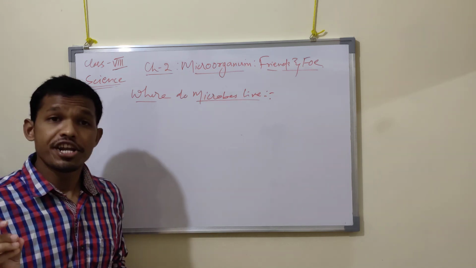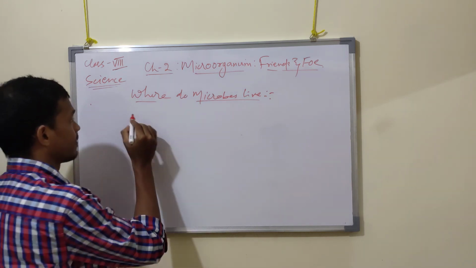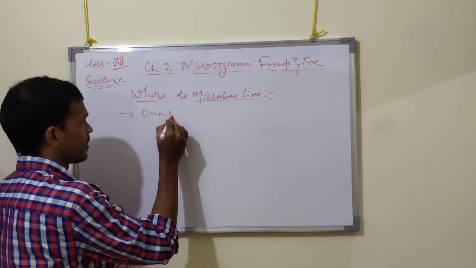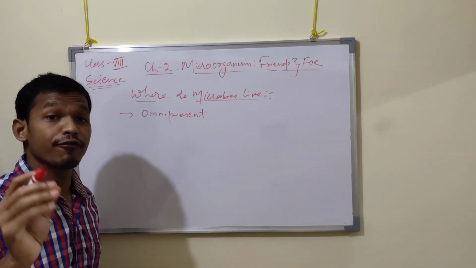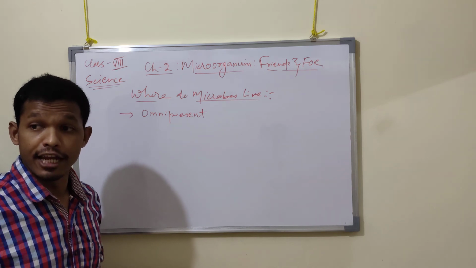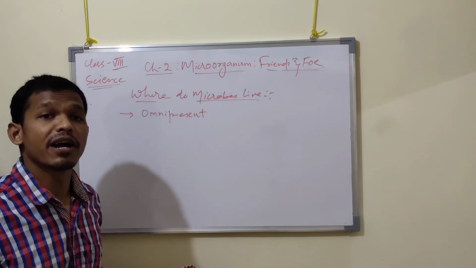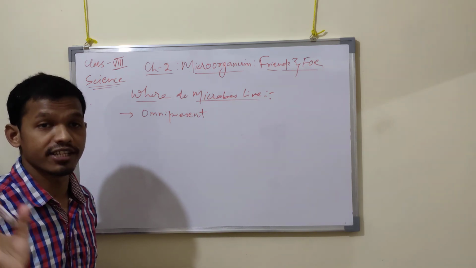Microorganisms you will find everywhere, so they are called omnipresent. They are called omnipresent because they are found everywhere: inside our body, in our surroundings, everywhere these microorganisms are present.